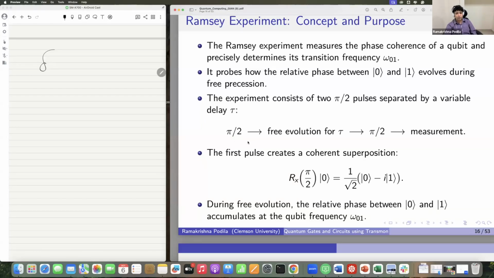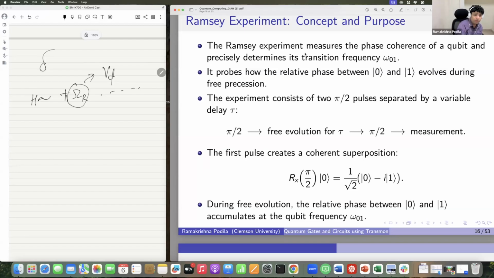So when we say pi/2, what do we mean? Remember that we had our Hamiltonian to have terms something like h bar omega r, right? So this omega r again is related to the drive voltage or the flux, and so on.